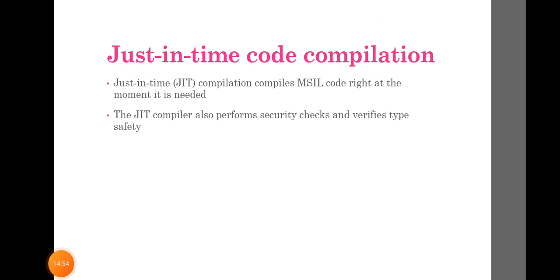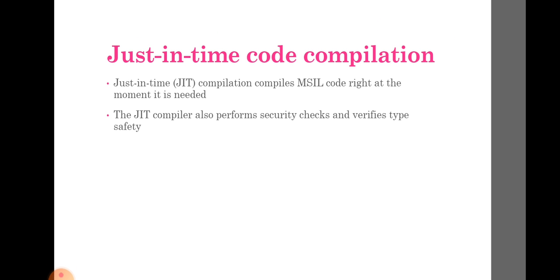Next, just-in-time code compilation. What is meant by just-in-time code compilation? Just-in-time is a compiler which helps to compile the MSIL code, that is Microsoft Intermediate Language. Remember, students, how the Microsoft Intermediate Language is created. The CLR will compile the source code into a common programming code, that is the intermediate code.